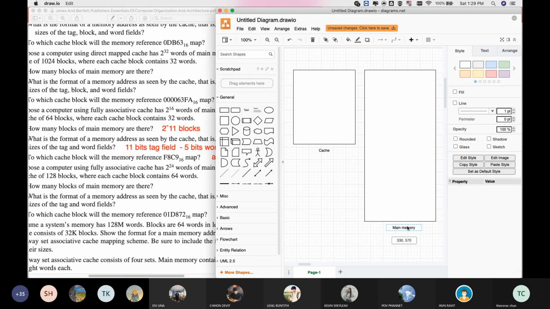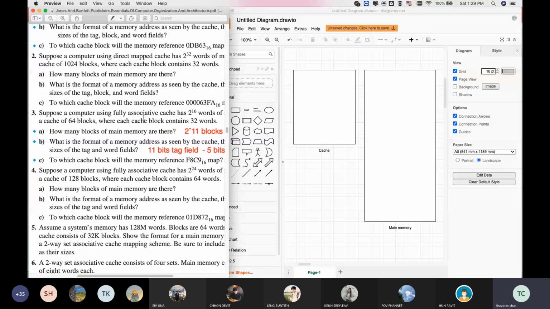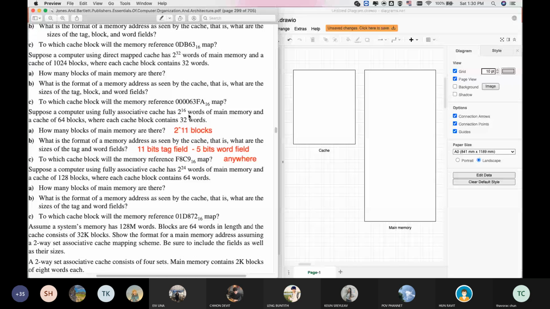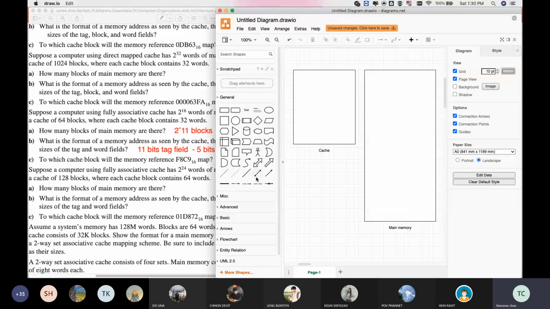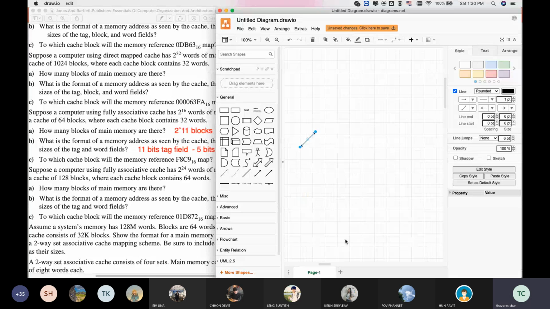And then inside our main memory, we have 2 power 16 words.